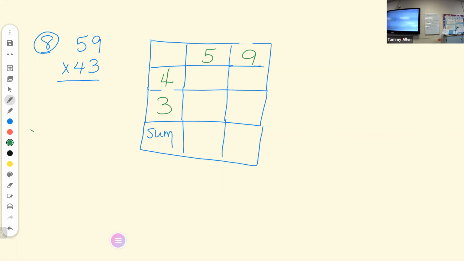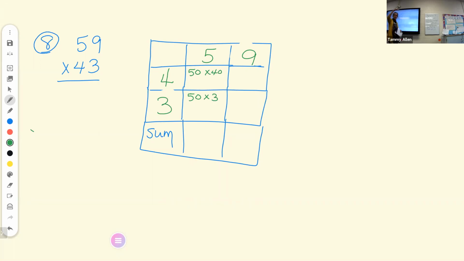So in our first box, the 5 has the value of what? The 4 has the value of what? In our second box, the 5 has the value of what? The 3 has the value of what? Okay, are we good so far? Any questions?